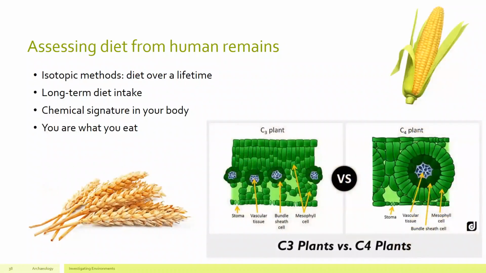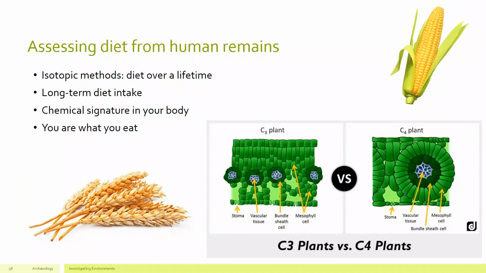If we're looking at the isotopic methods, we're studying diet over their lifetime, long-term diet and intake. You literally are what you eat to the cellular level, and that is preserved in the organism as long as the preservation factors are there. It's a chemical signature within your body, replicating your diet through time.